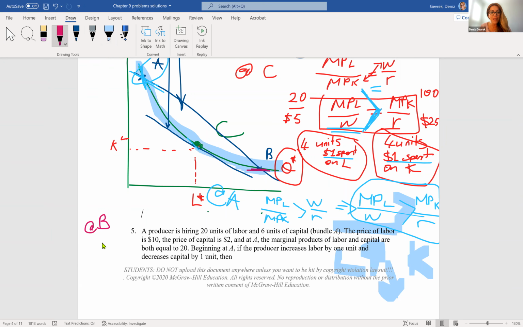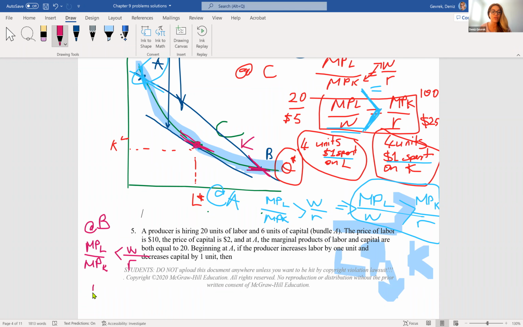So at point B, the slope of the isoquant, of course in absolute value, is less than the slope of the budget line, which is the blue one. How do I know it's less than? Look, this is flatter, this is steeper. Do you see it?